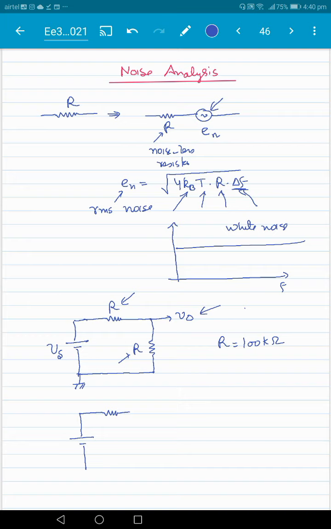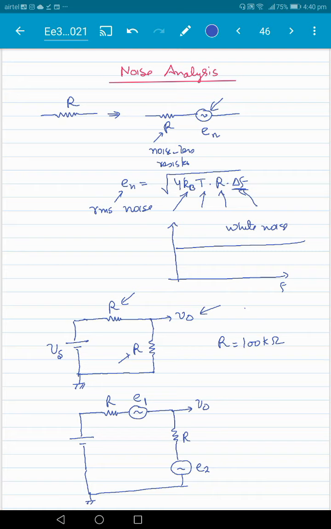This is an ideal resistor R, but we'll put a noise source in series with it. We'll call it E1, for resistor 1. Similarly, there is an ideal resistor now, because all the noise is taken out, and we'll put a noise source E2 here. And this is our output here.